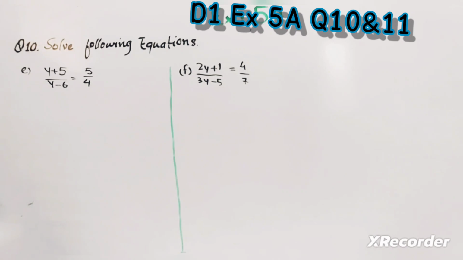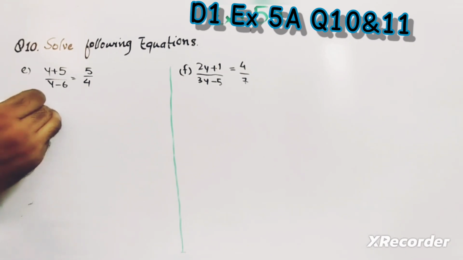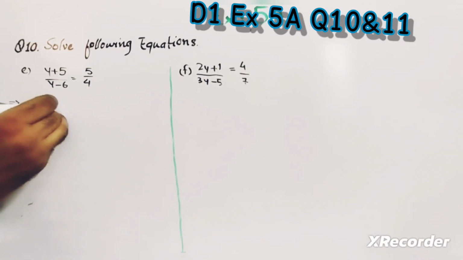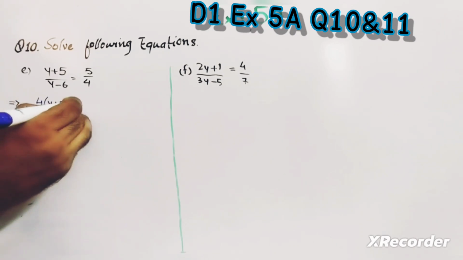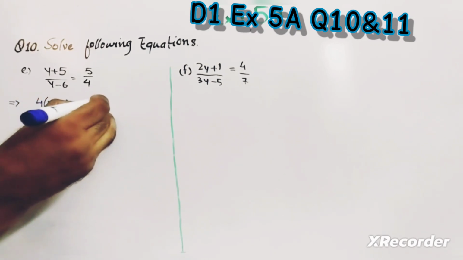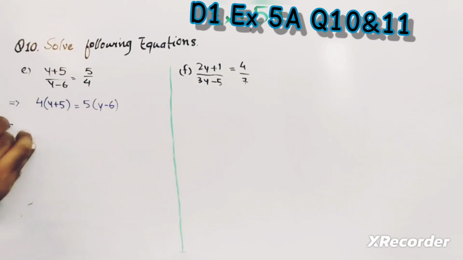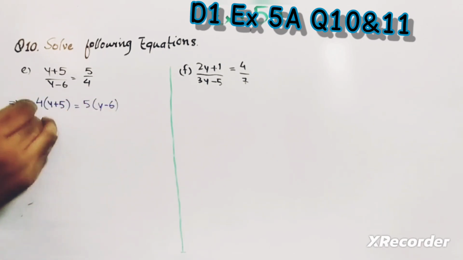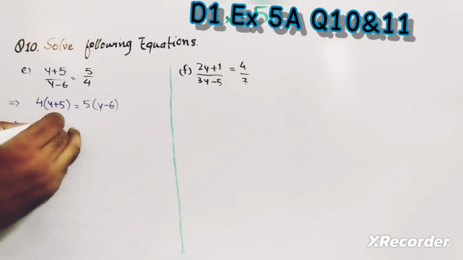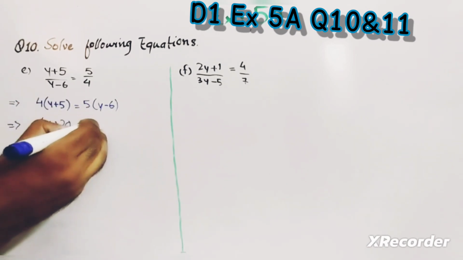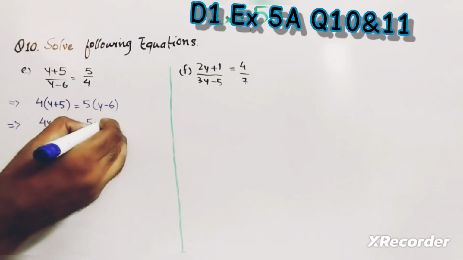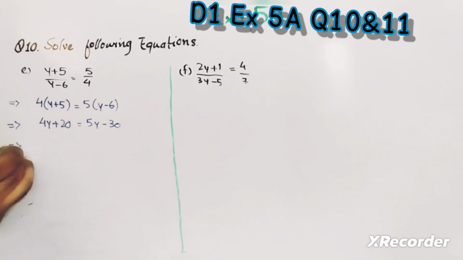Now moving to part E, y plus 5 upon y minus 6 is equal to 5 upon 4. Starting with cross multiplying, so 4 times y plus 5 is equal to 5 times y minus 6. 4y, 5 times 4 is 20, 5y plus minus minus 5 times 6 is 30.